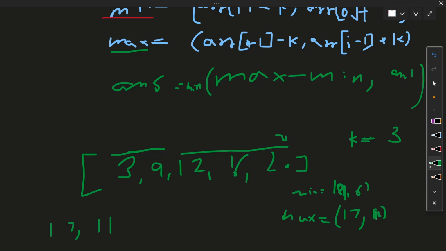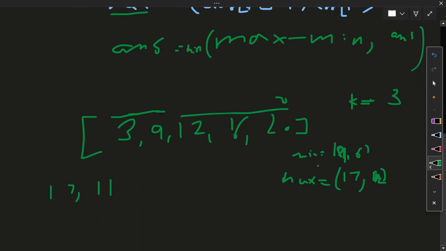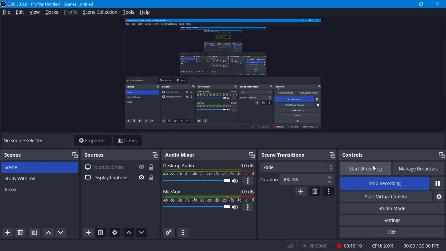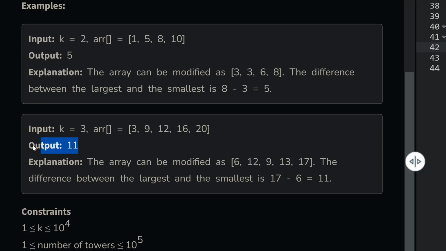So our maximum is 17, and we have minimum as 6. So the same applies here. We got maximum as 17, and we have 6. So 17 minus 6 is 11. You can try all different variations, but the minimum answer is 11. As you can see, the minimum answer is 11.